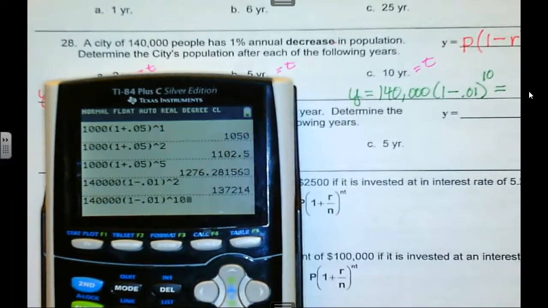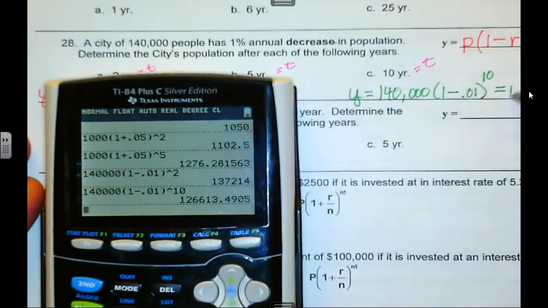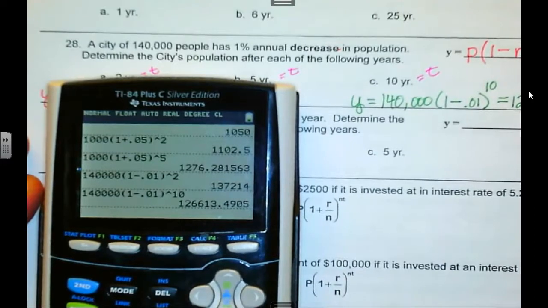And put in 10 for the exponent. And I'm down to 126,600, and I can't take half a person. So I'm going to round this up to 14. You put 13, that's fine. I'm okay with that.